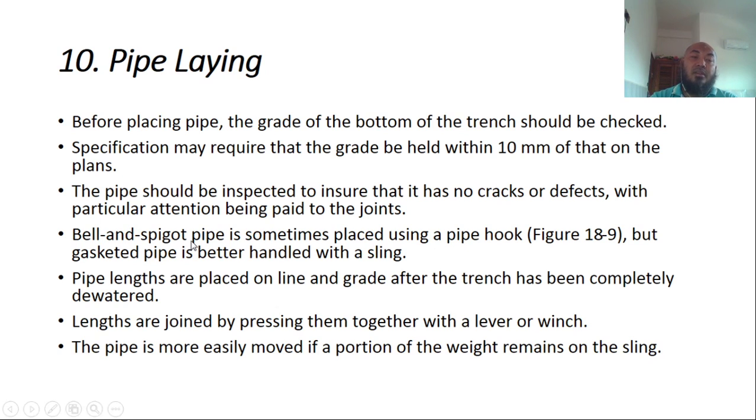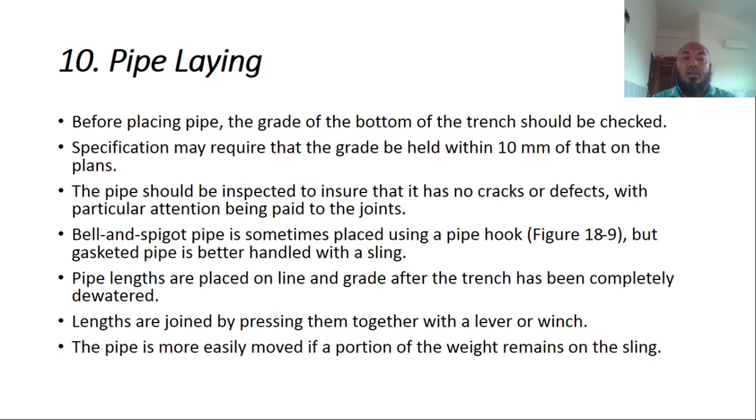Pipe is sometimes placed using a pipe hook, as in figure 18.9, but gasket pipe is better handled with a sling. Pipe is placed on line and grade after the trench has been completely dewatered.